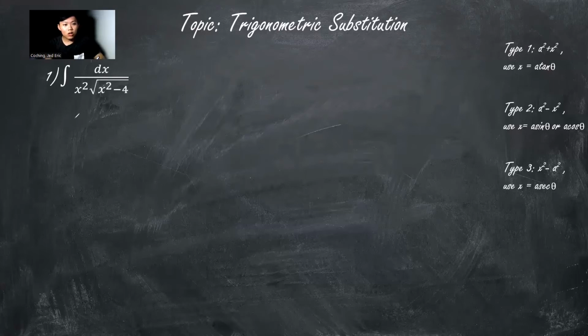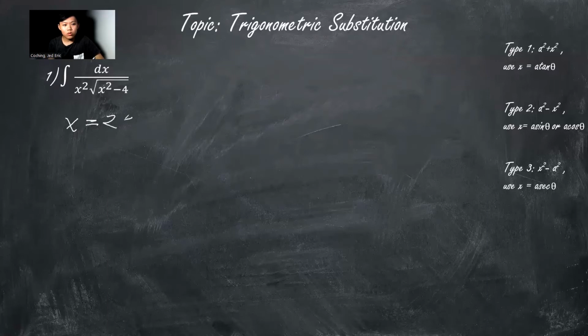So use x equals a sec theta. a squared is equals to 4, so a is equal to 2.